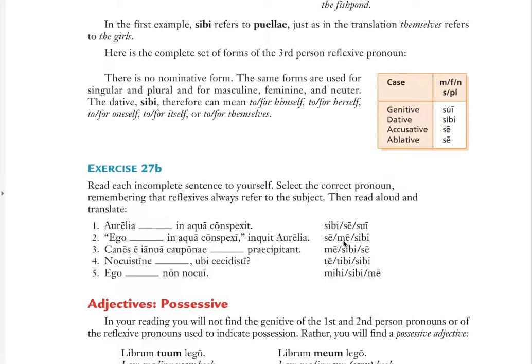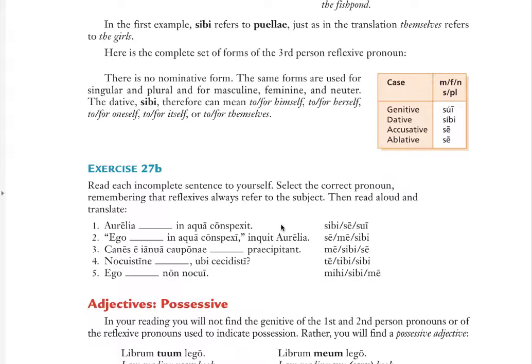Se, sibi, or me? And the answer is going to be me because se would not refer back to a first person singular subject, which these have to refer to. Here, the subject is an I. So, in order for it to be reflexive, the I has to see myself. So, we're going to do me here. Literally, I saw me in the water, but of course, we would just say I saw myself.